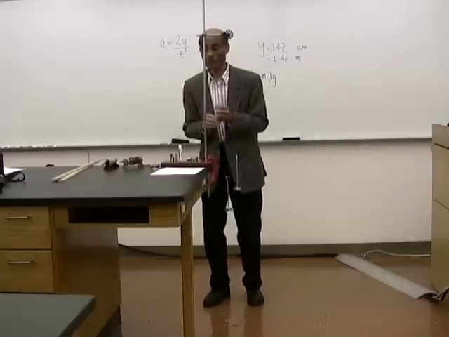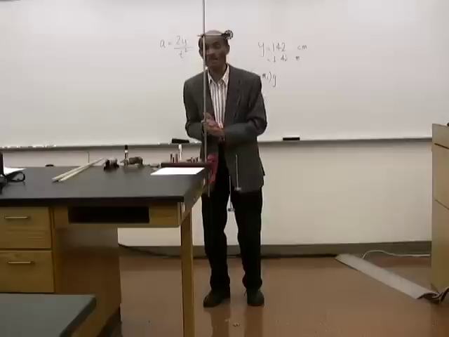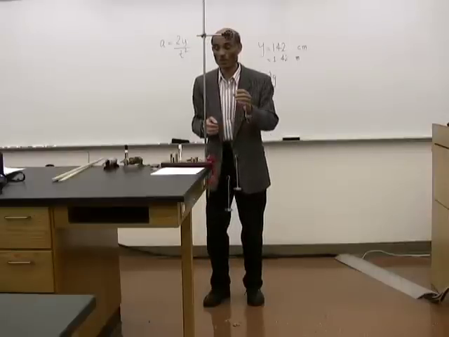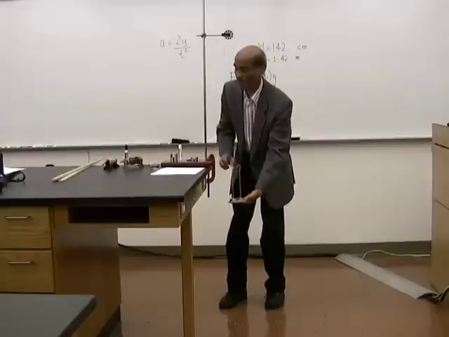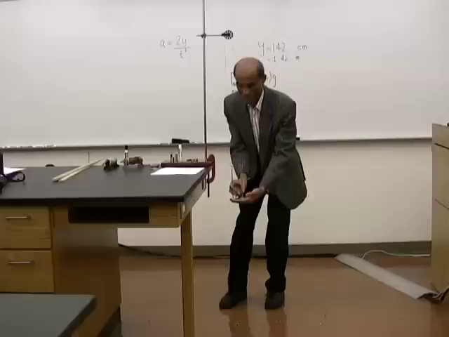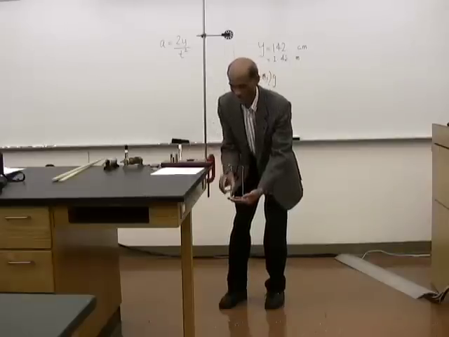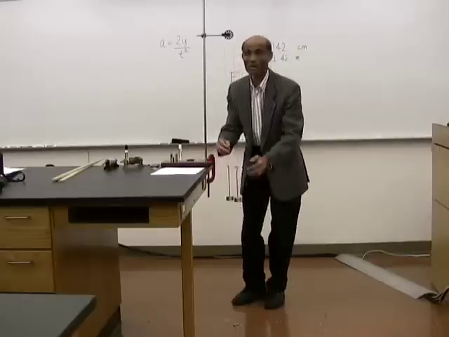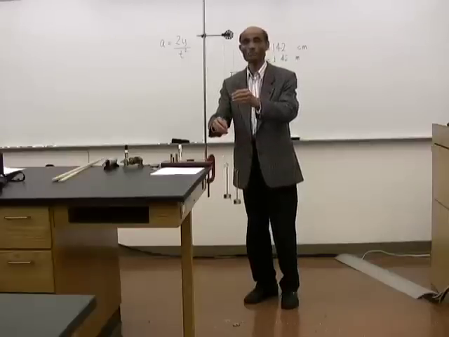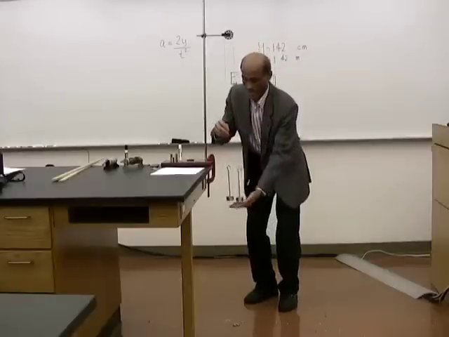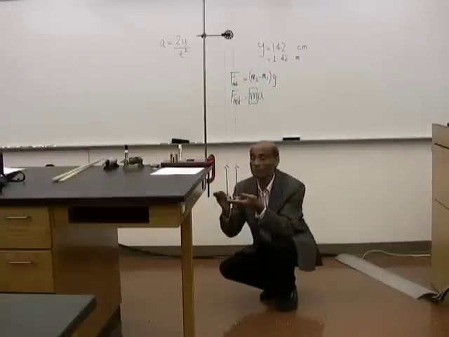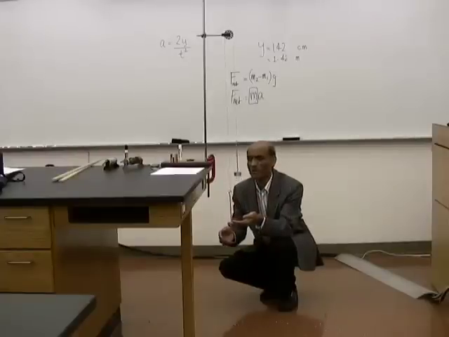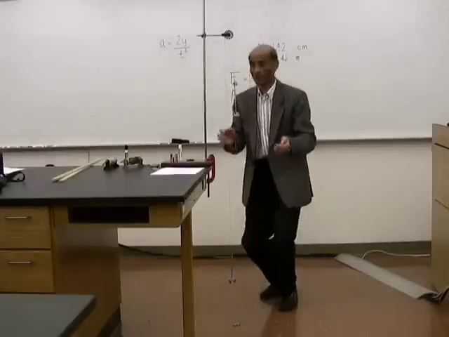And now repeat the experiment for M1 equal to M2 equal to 150. Each of the weight hanger is 50 gram, so I'm going to put a 100 gram and a 100 gram. I have M1 equal to 150, M2 equal to 150, and now I need to find MF, the friction compensation, and I'm putting in an additional 1 gram, and that 1 gram looks good there.